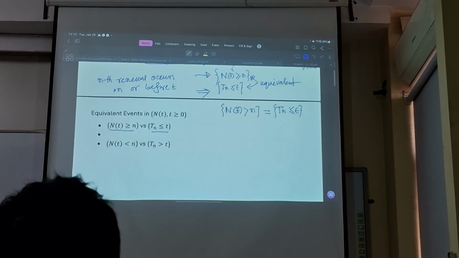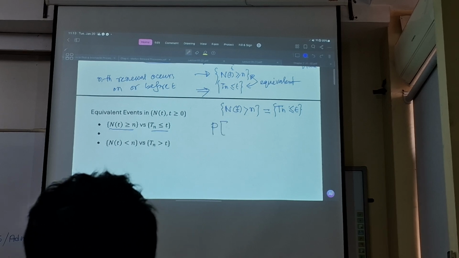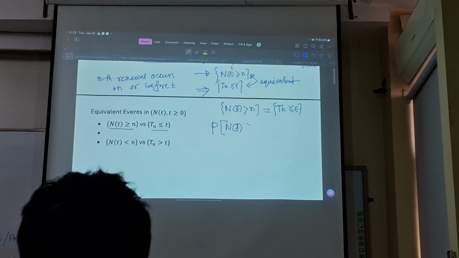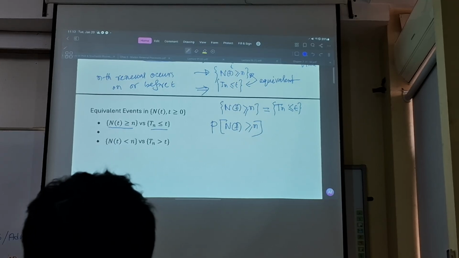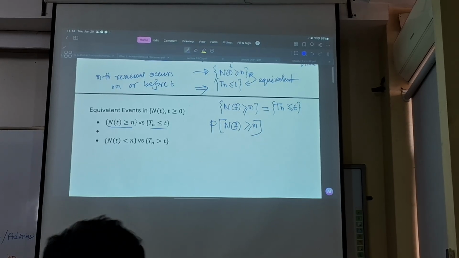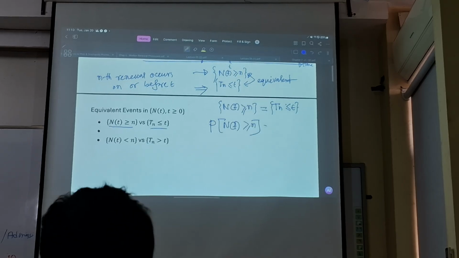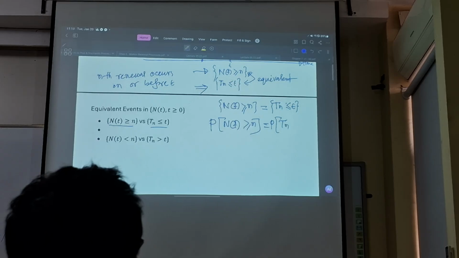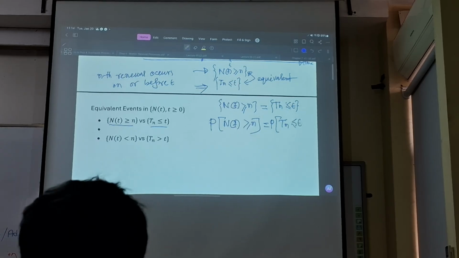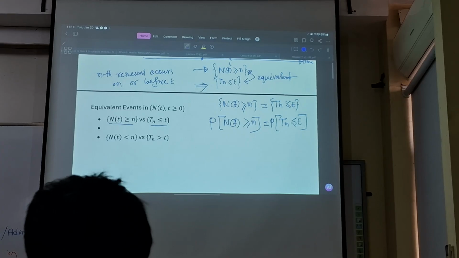They are the same. More specifically, we can write that the probability that the number of events by time t is n or more is the same as the probability that the time of the nth renewal is less than or equal to t.